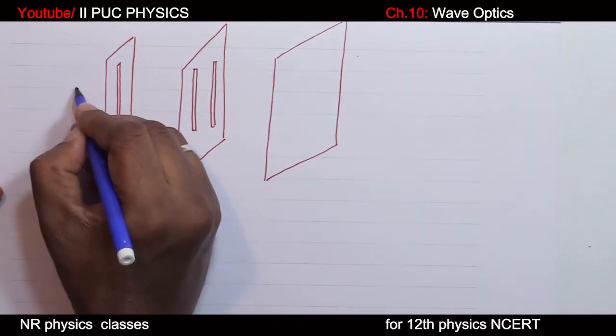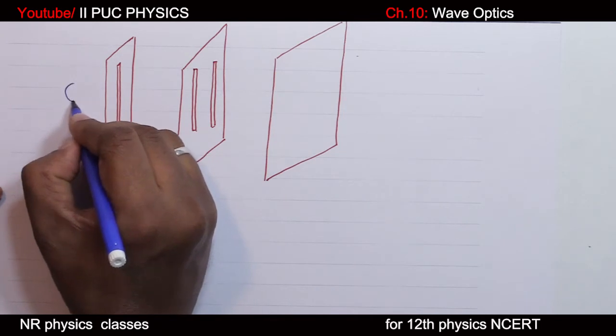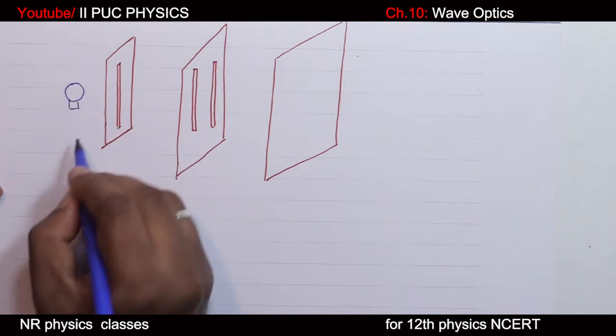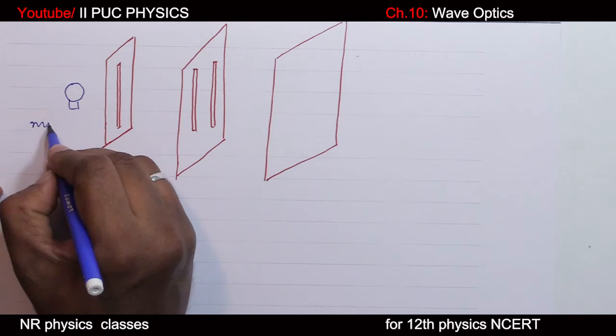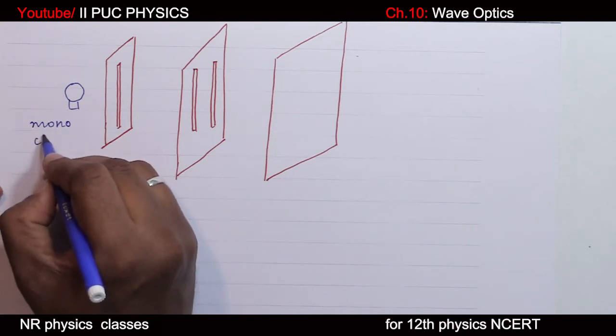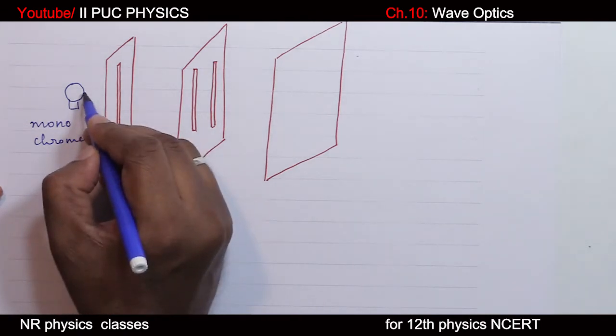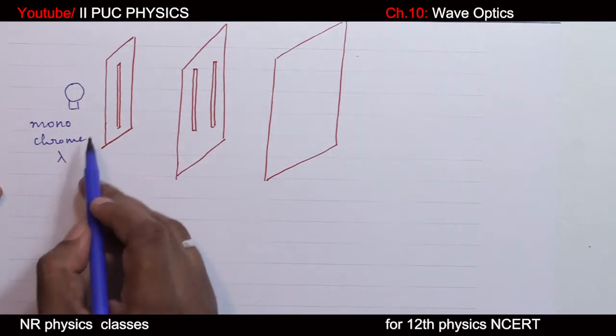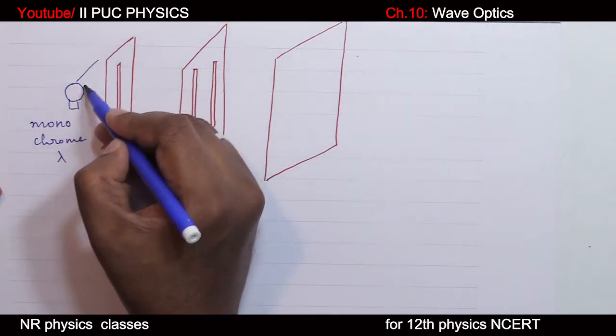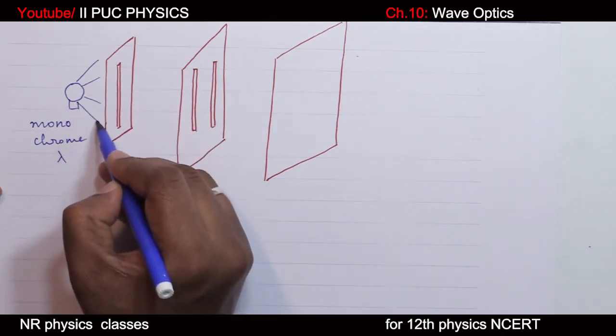If there is a source of light, this is the source, a monochromatic source. Monochrome means single wavelength, only one wavelength. Then light from the source travels in all directions.